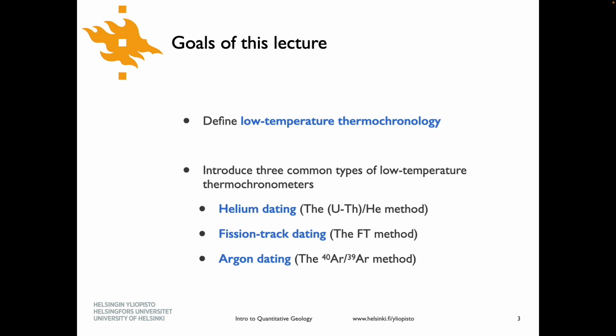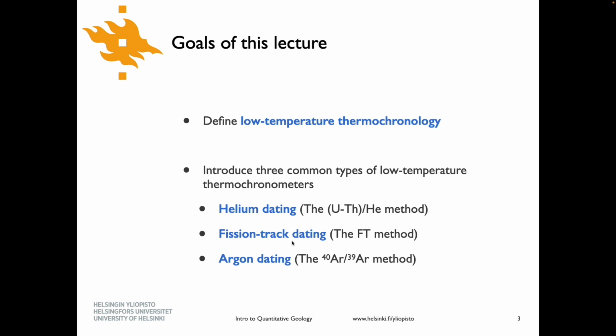Admittedly, this is going to be a short and perhaps not complete introduction, but it'll at least give you a fundamental sense of how the different methods work. We'll focus on helium dating, which we've talked about a little already when referring to Dodson's approach, because that's one of the approaches you can use to interpret helium dates.